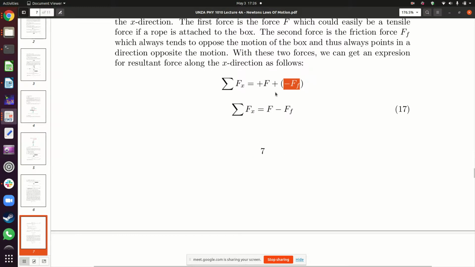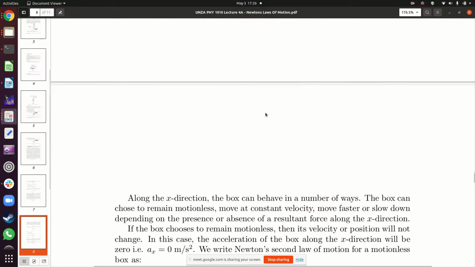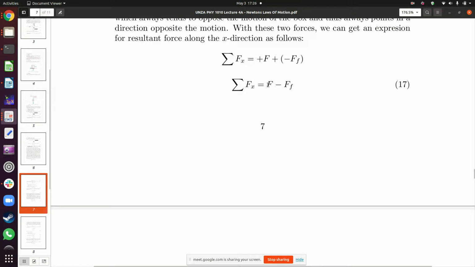When we add these, we end up having a resultant force Fx equal to the pulling force minus the friction force. So this is the expression of resultant force along the x direction. Now that we have an expression of resultant force, we're making progress.